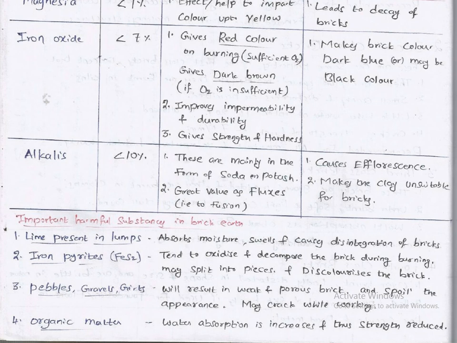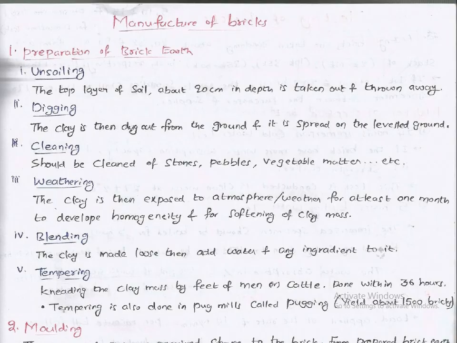Manufacture of the brick: preparation of the brick earth. Unsoiling: the top layer of the soil about 20 centimeters in depth is taken out and thrown away. Digging: the clay is then dug out of the ground and spread on level ground. Cleaning: it should be cleaned of stones, pebbles, vegetable matter, etc. Weathering: the clay is then exposed to the atmosphere for at least 1 month to develop homogeneity and for softening of the clay mass.